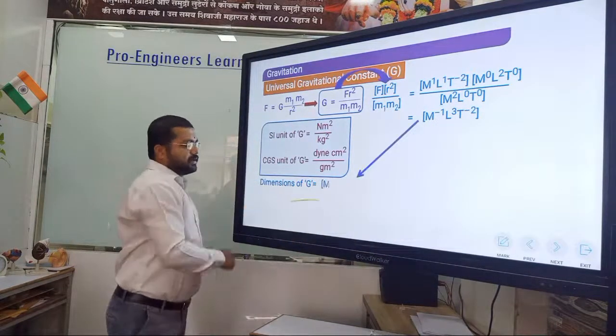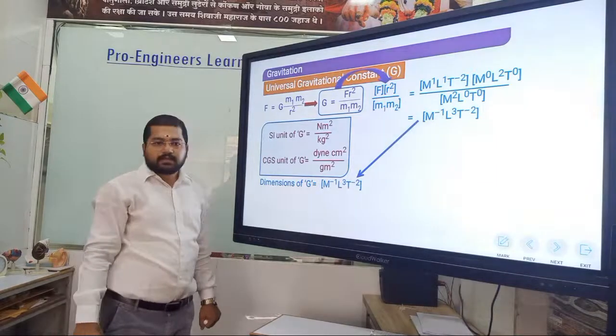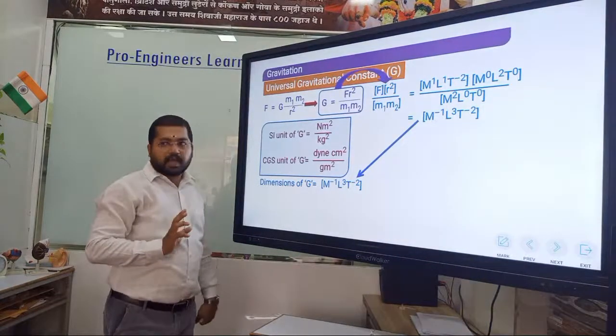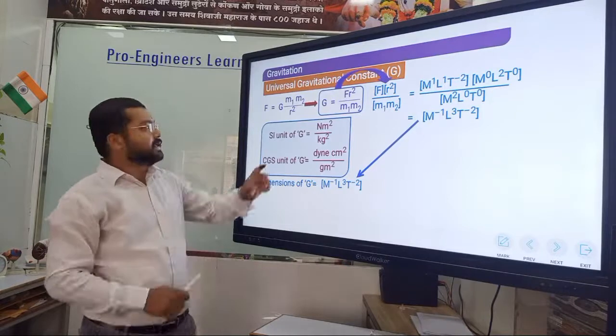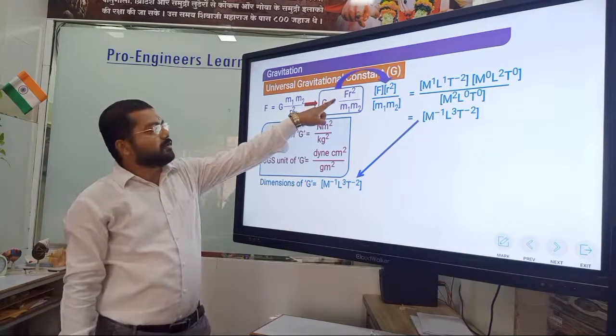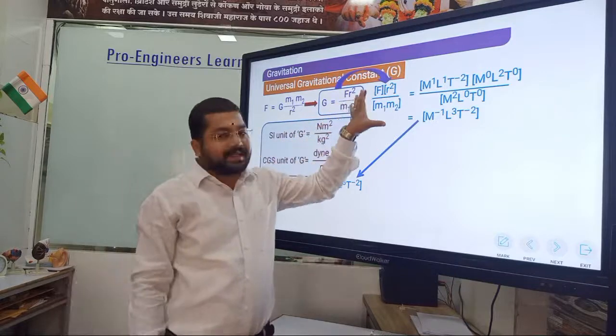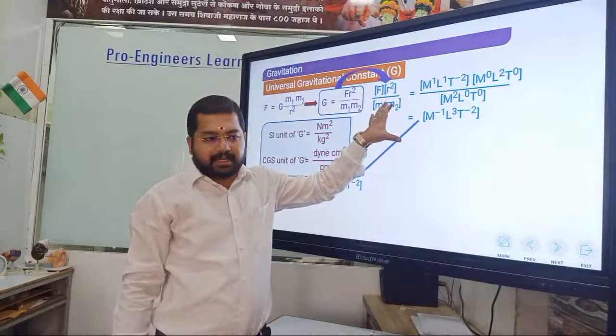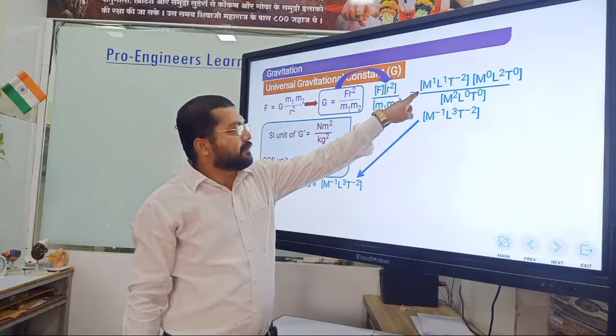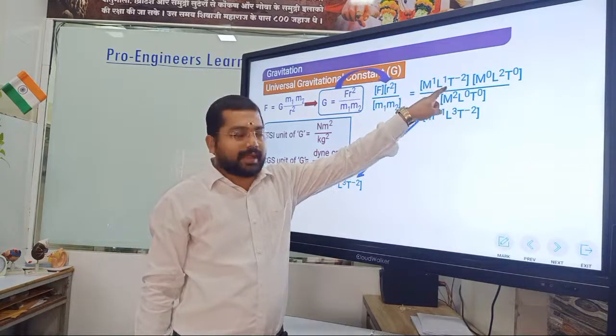So this is the dimension of capital G. How we have derived that, we will quickly see. G is equal to F R square upon M1 M2. Considering each quantity separately, the dimension for force is M1 L1 T raised to minus 2.